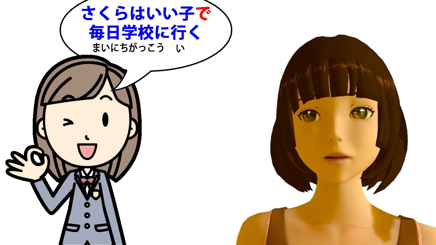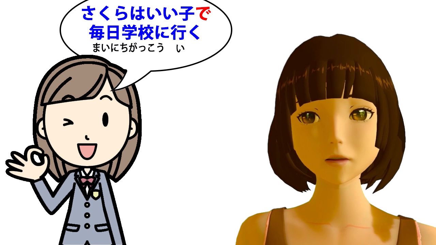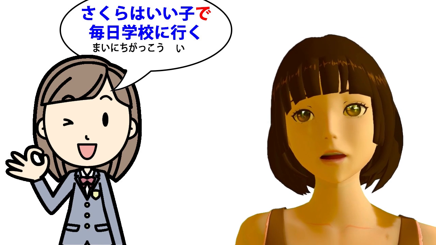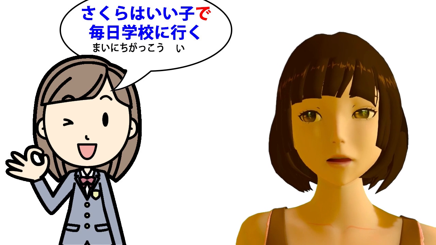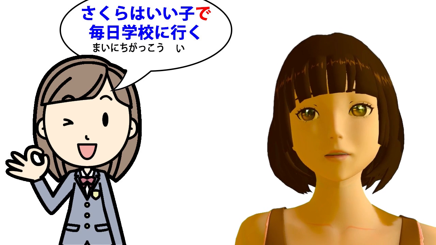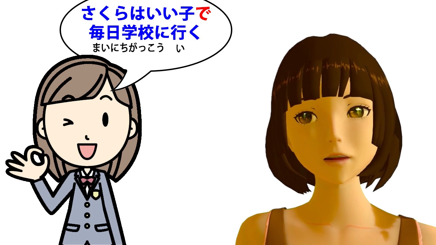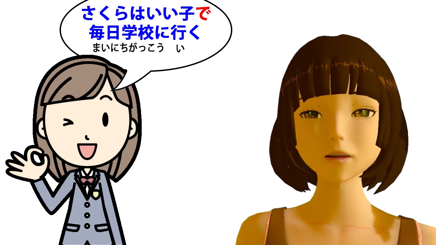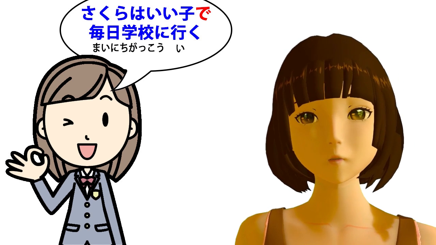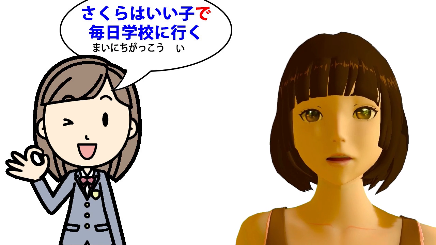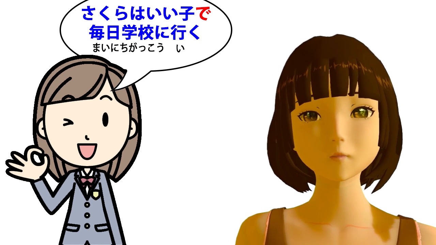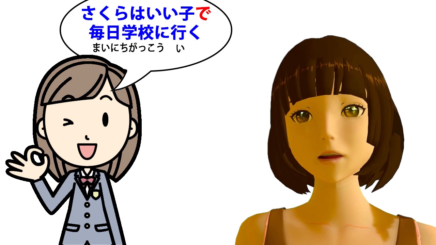So, Sakura ga iko da, Sakura is a good girl, is a complete sentence in itself. If we want to connect it to a second clause to make it the first half of a compound sentence, we turn that da into its te form, de. So Sakura is a good girl, and she goes to school every day. And as is usual with the te form connector, it tends to imply a positive relation between the two.